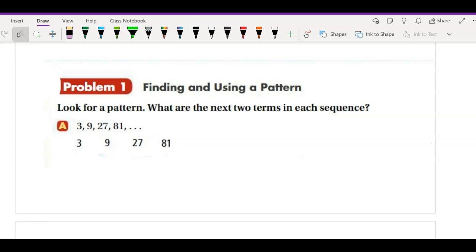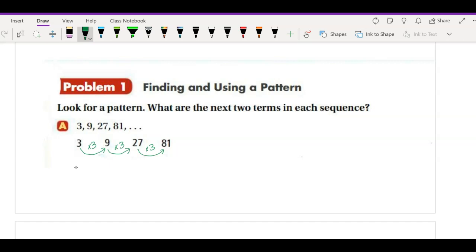Now let's see if we can find a pattern in this example. We have the numbers 3, 9, 27, and 81. So let's see what we can find. 3 to 9, we multiply by 3. Let's try this out. 9 to 27, we multiply by 3. 27 to 81, we multiply by 3.